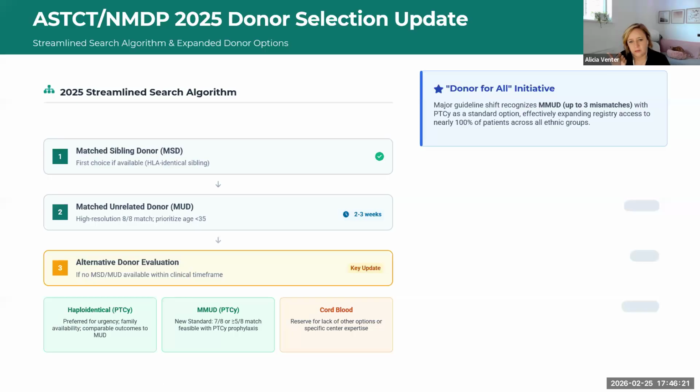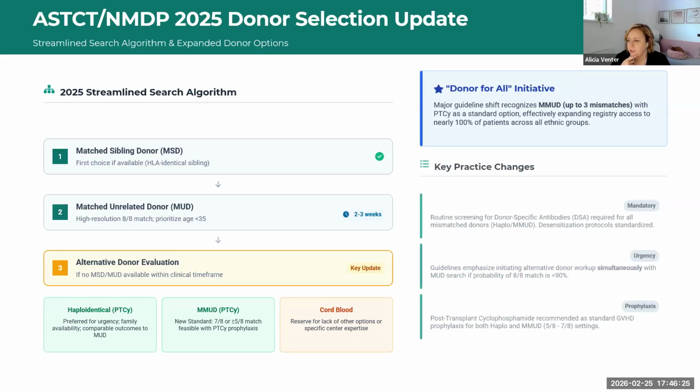This really ties in well with their Donor for All initiative, and some key practice changes they made to their routine practice is that they now do routine screening for donor-specific antibodies, required for all mismatched donors, and they apply desensitization protocols.